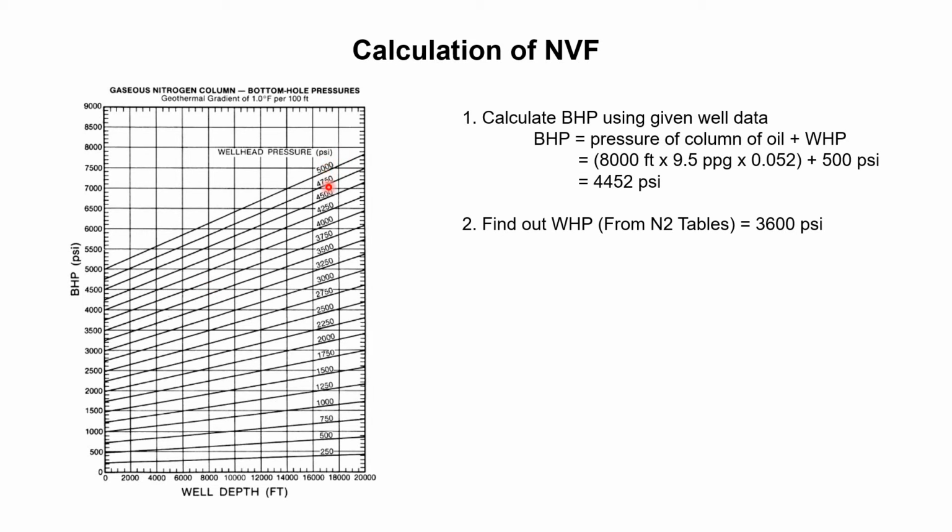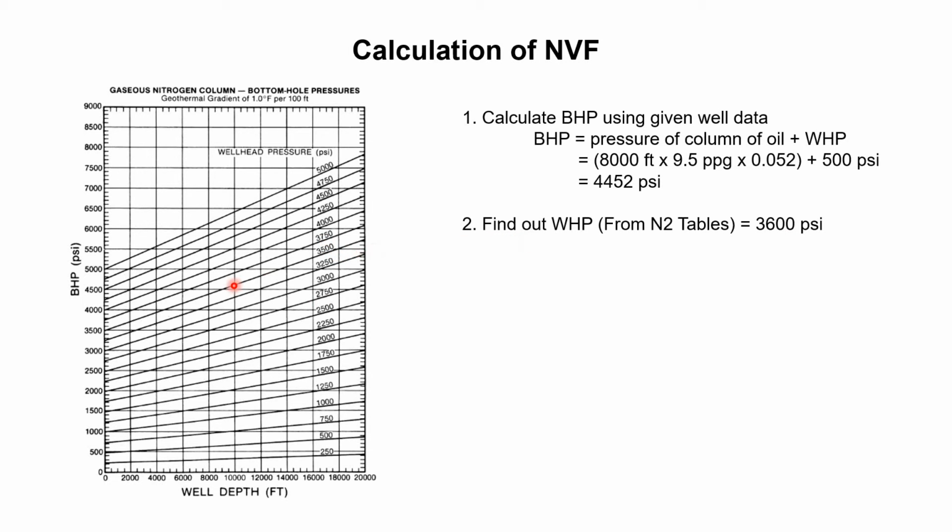Here we have wellhead pressure on these lines. Our required point is this one. So this line is 3750 and the below line is 3500. Our point is approximately in between. So we'll just interpolate and find the intermediate point between these two points, 3500 and 3750. When we take the average or interpolate, we will get approximately 3600 psi. 3600 psi is in between 3500 and 3750.